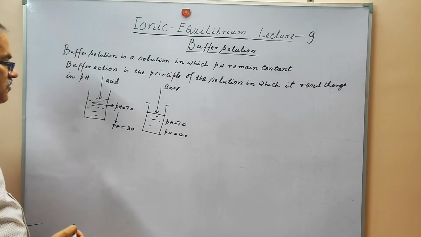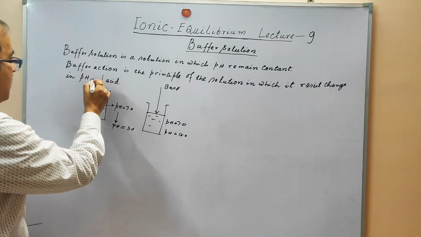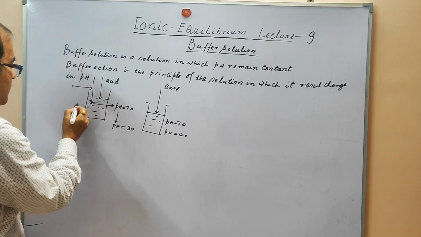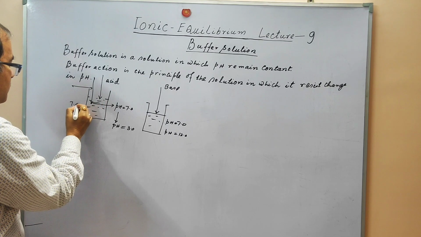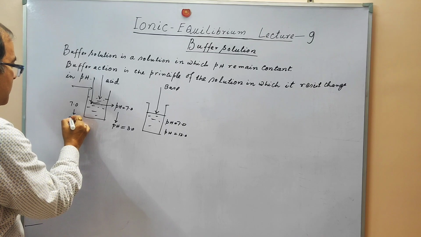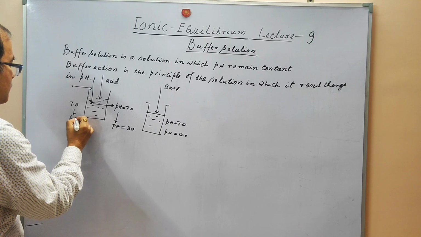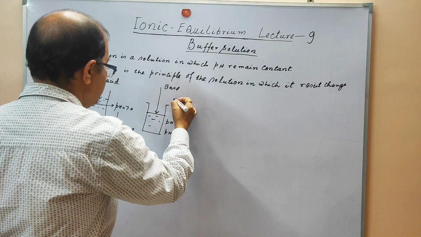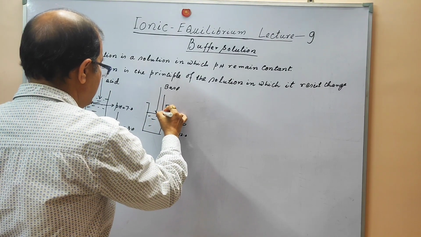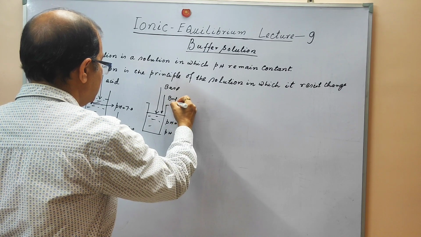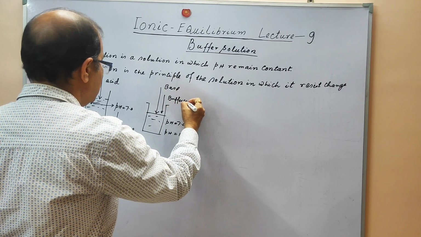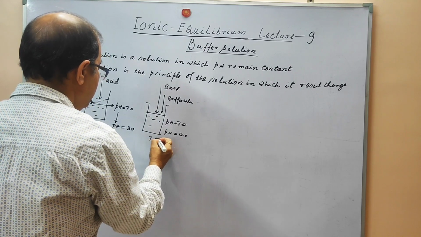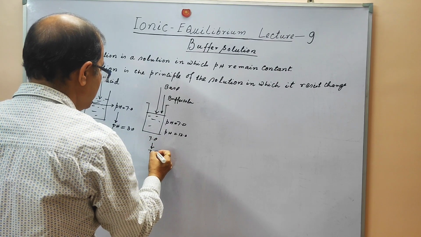But instead of that, if we put a buffer solution, what is going to happen? The pH will be 7, it will just marginally decrease, to 6.8. Or if we put some buffer solution here, the pH will go from 7 to just a marginal increase, 7.2.